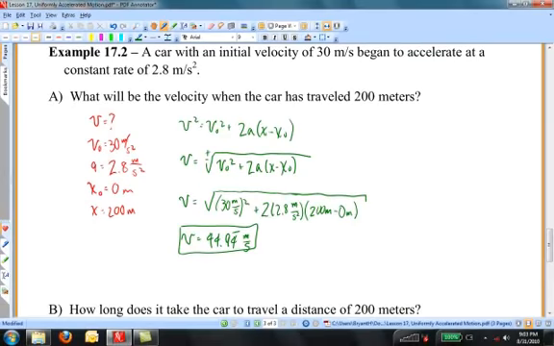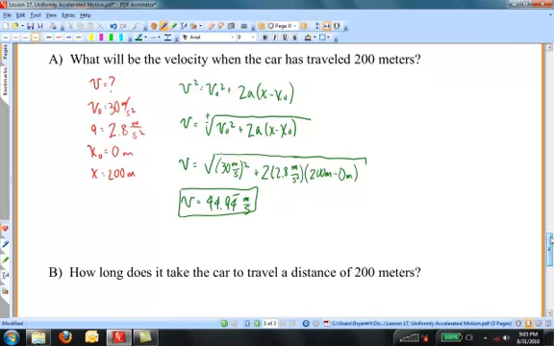All right, part B, how long does it take the car to travel a distance of 200 meters? Now in this context, how long means how much time does it take? So I'm looking for time. What do I know? Well, I know that the initial position is 0, the final position is 200.